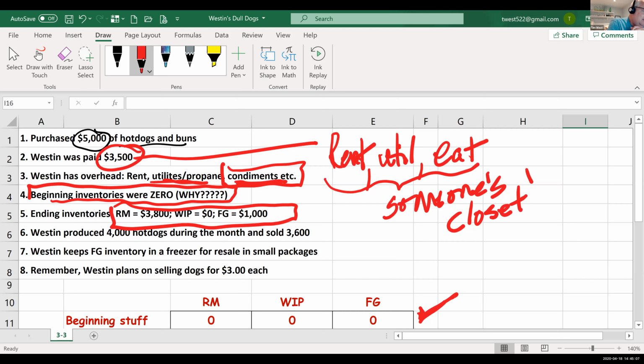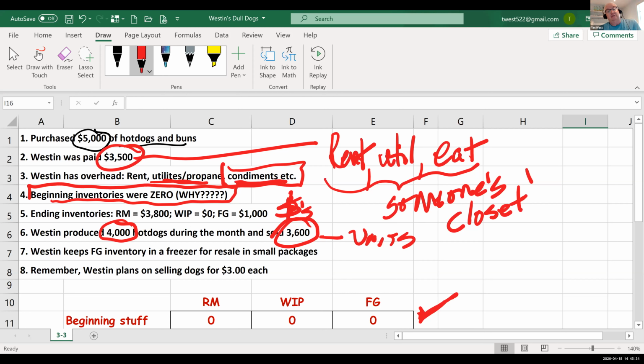The other thing to be aware of is that during the first month, Weston was able to produce 4,000 dogs. Weston only sold 3,600. Now that's going to tell us something shortly, but remember you're distinguishing between the units and the dollars.